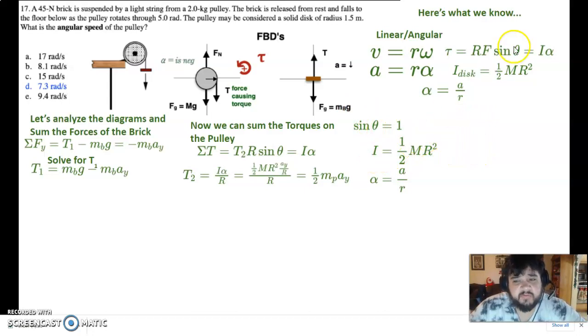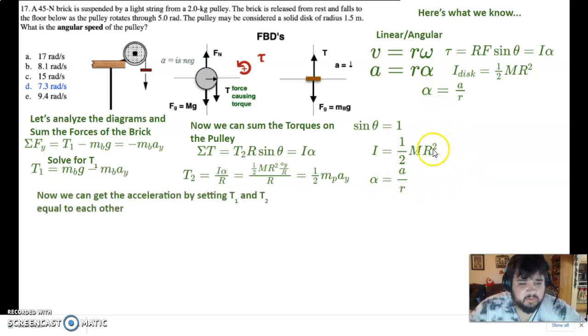We mentioned that the moment of inertia of a disk is 1/2 m r squared, and that alpha is the acceleration over the radius. One of the ways you could get the acceleration is to set the two expressions equal to each other. So you're setting the mass of the brick times gravity minus the mass of the brick times the acceleration in the y direction equal to 1/2 times the mass of the pulley times the acceleration in the y direction.